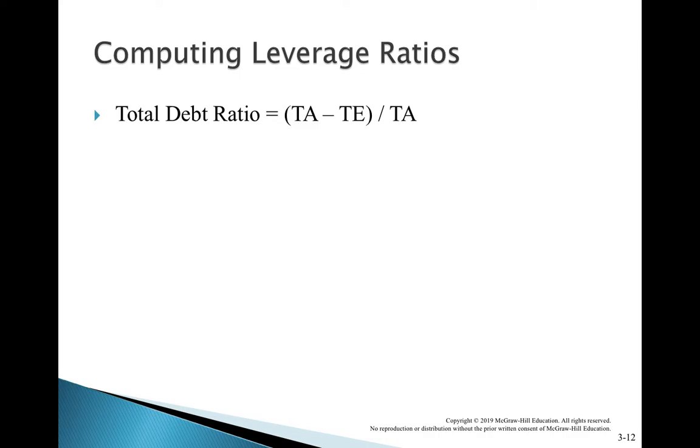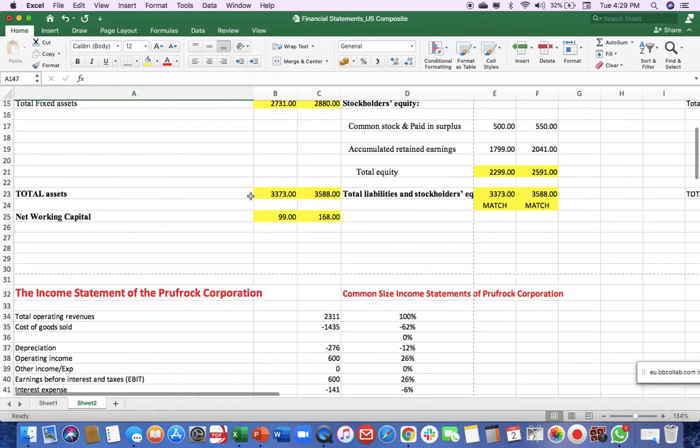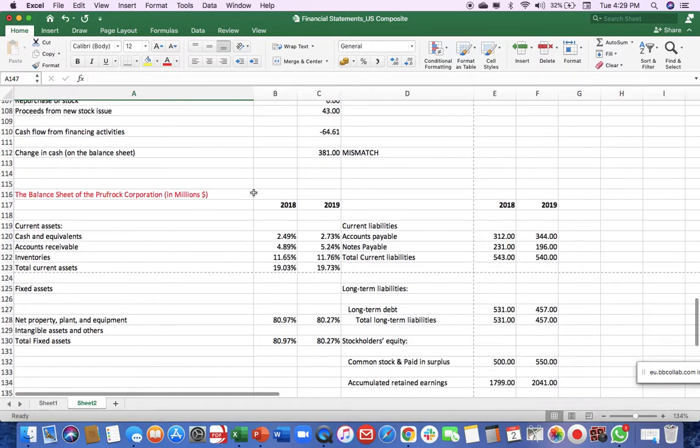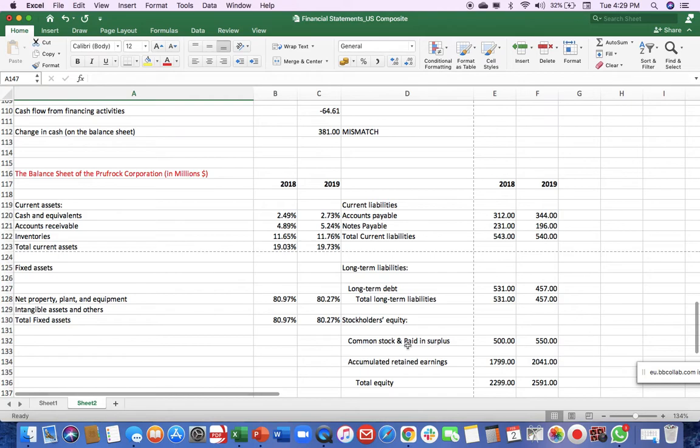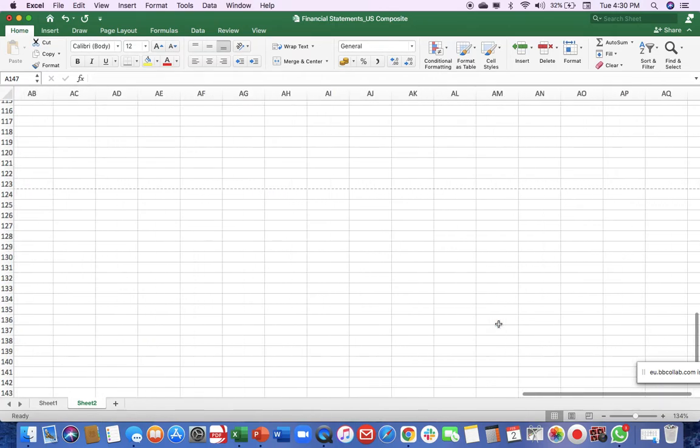You know, on the total asset side, if you look at the balance sheet very carefully, for example the common size balance sheet, you find that if you deduct the equity portion, that is 2299 total equity, from the total liability and equity, the remaining is the total liability, isn't it?